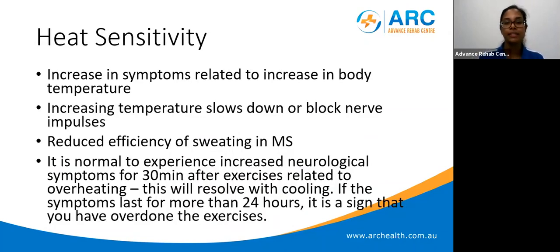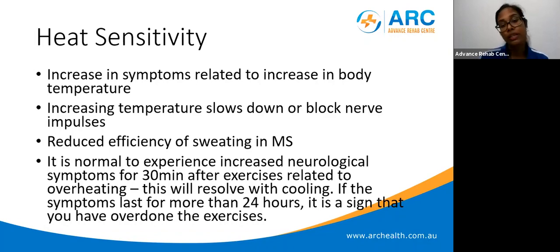Okay, so heat sensitivity. This is also another big contributor to fatigue. The reason this happens is because when your core body temperature increases, it slows down your nerve conduction even more. Given that there's already slowing down through the lesions, this heat increase can slow it down further. So people may start to experience more neurological symptoms.